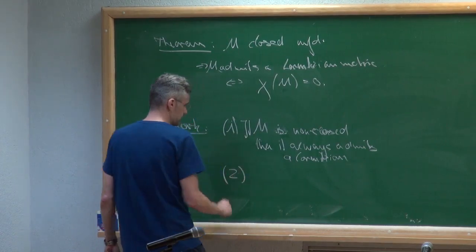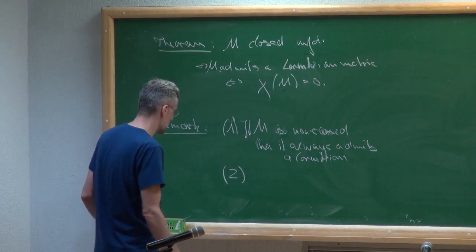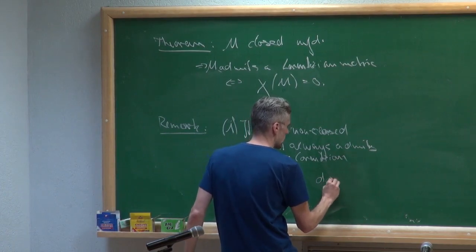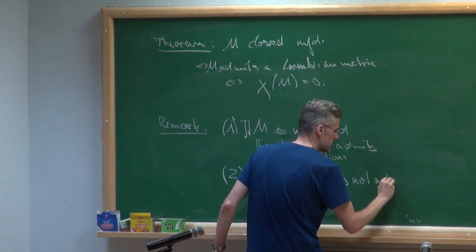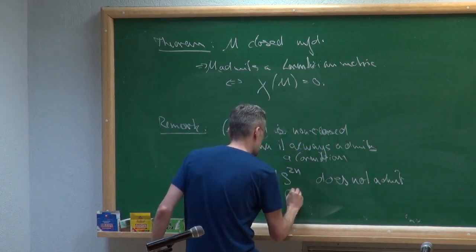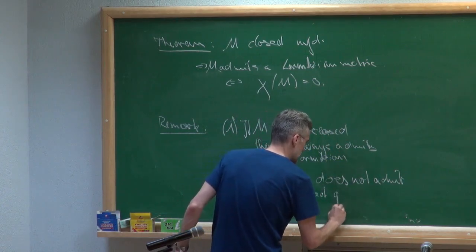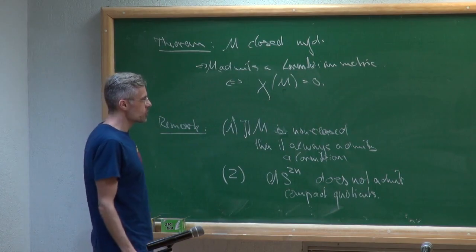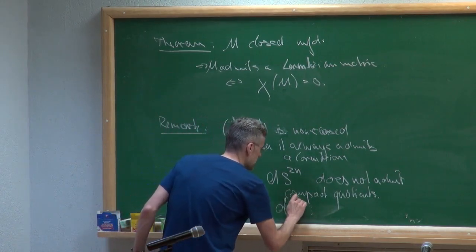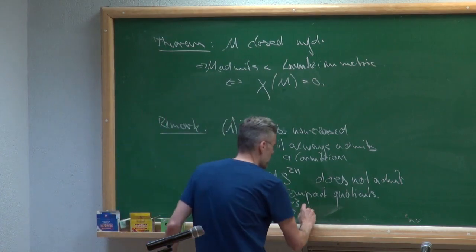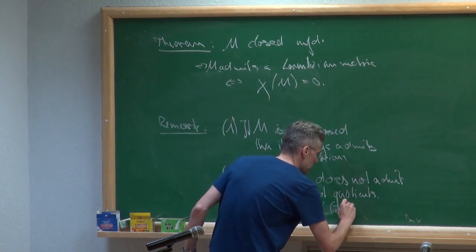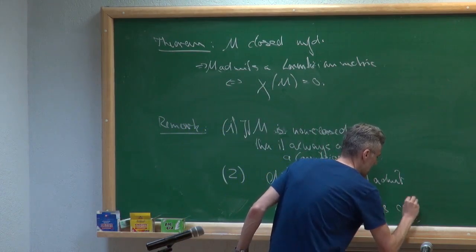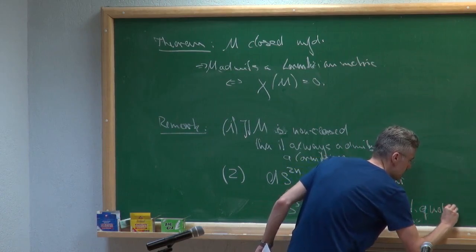And second, if you look at the even dimensional de Sitter spaces, they do not admit compact quotients. Whereas the anti-de Sitter 3 space, what I said Tuesday, which is SL2R with its Killing form, has compact quotients.